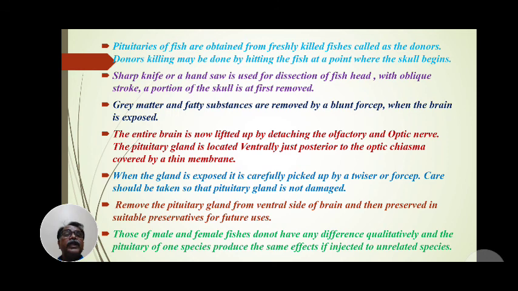The pituitary gland is located just by looking at the brain. The brain is kept in an inverted position, with the ventral side up and the dorsal side down. The pituitary gland is located ventrally, just posterior to the optic chiasma, covered by a thin membrane.